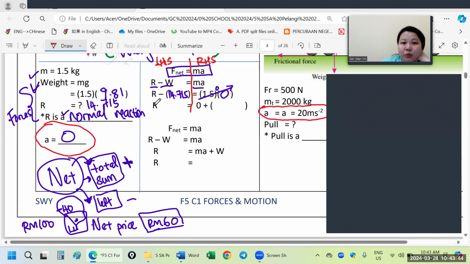Now if we want to find R, we move this one, then it will become positive 14.715. Now answer R equals to 14.715. Can I get marks for the final answer? You must add the unit Newton, because normal reaction is a force, so Newton.